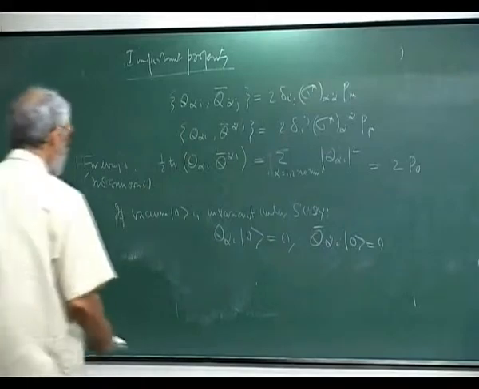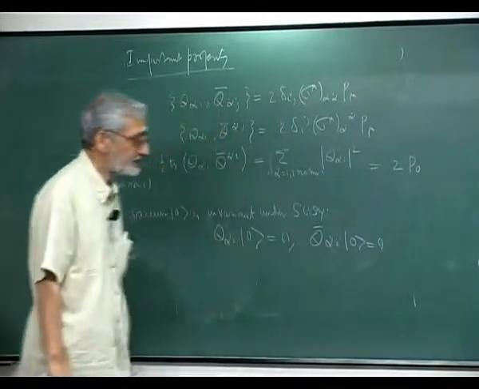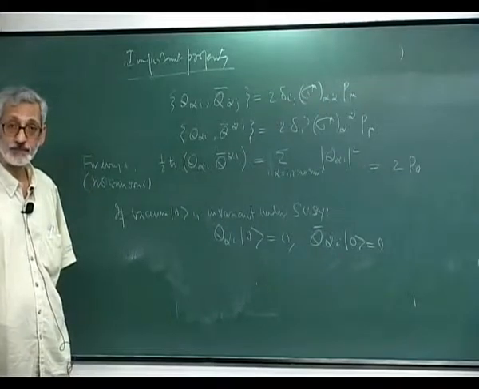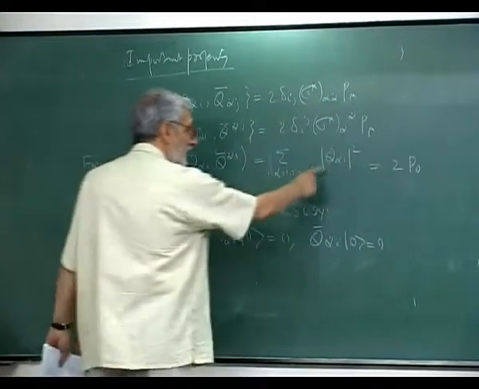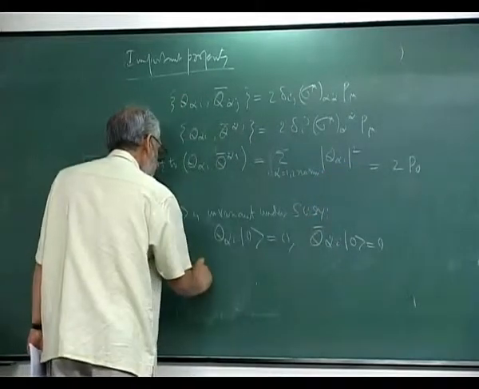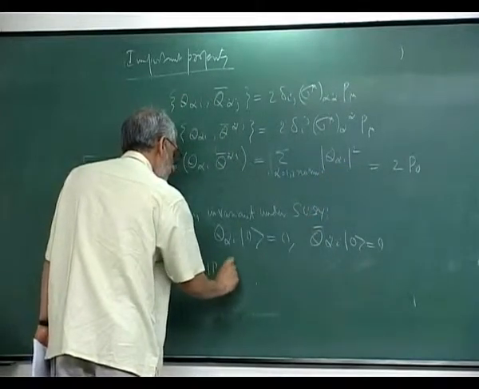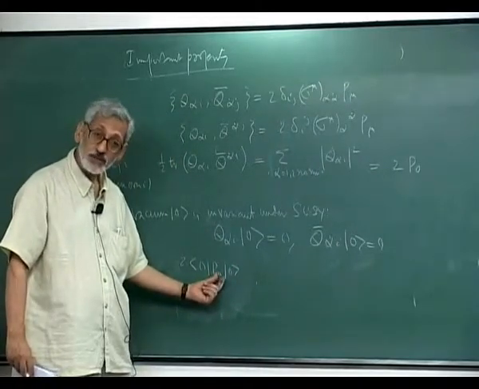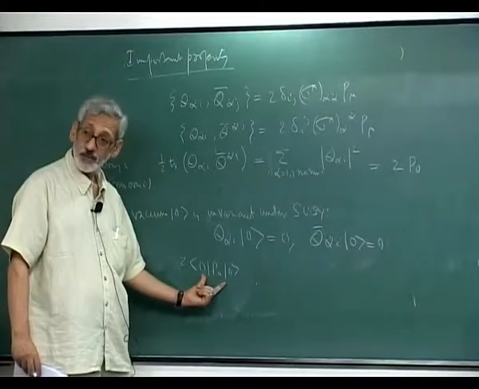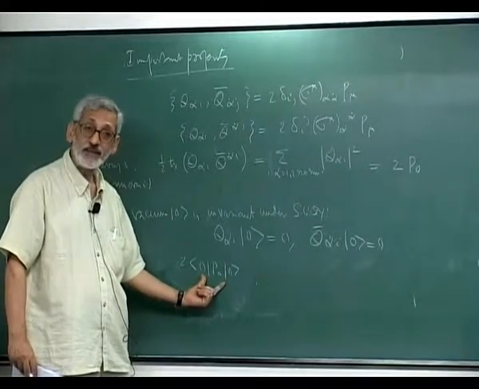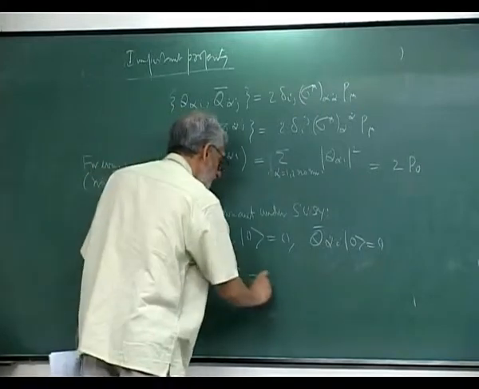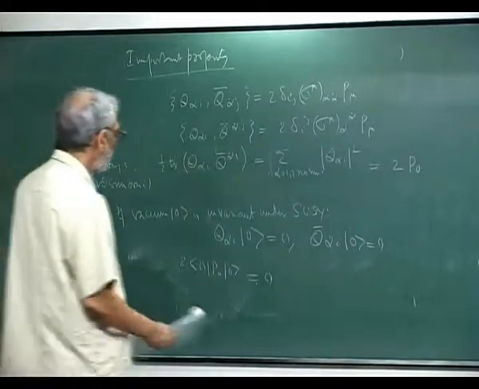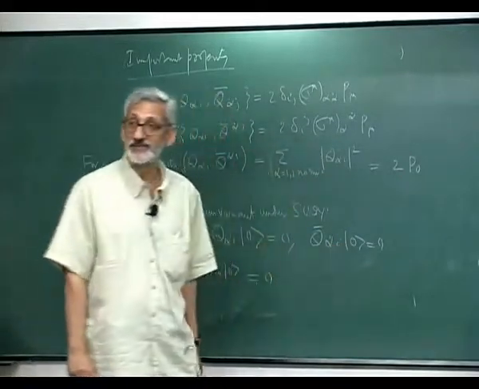These supercharges acting on the vacuum state are 0. Then this relation tells me twice the expectation value of the operator P naught with respect to the vacuum state is 0, because Q acting on the vacuum is 0.